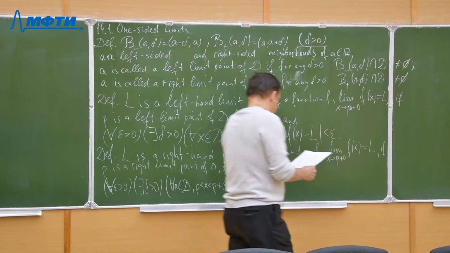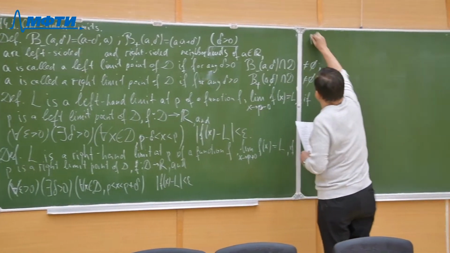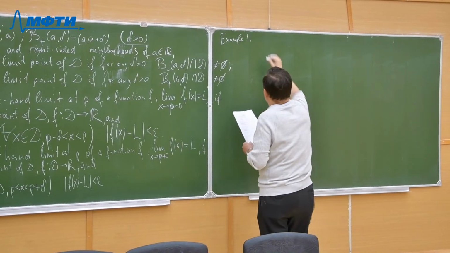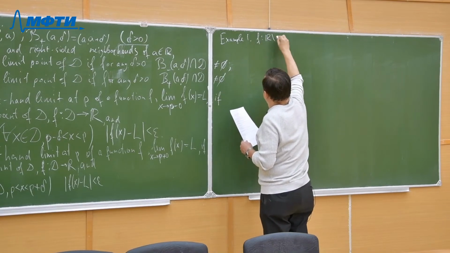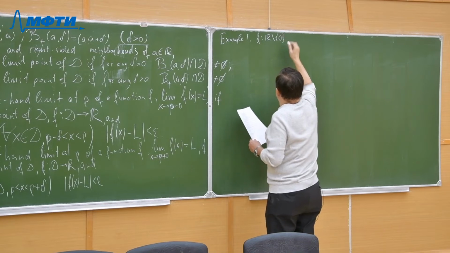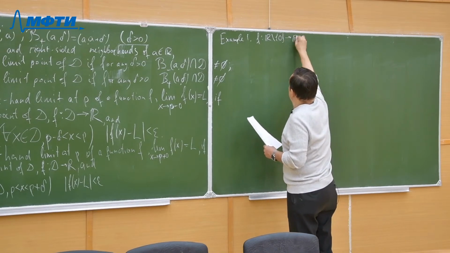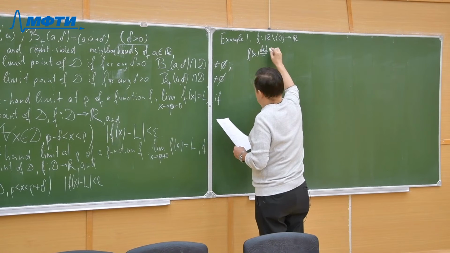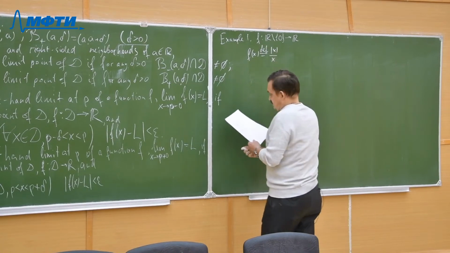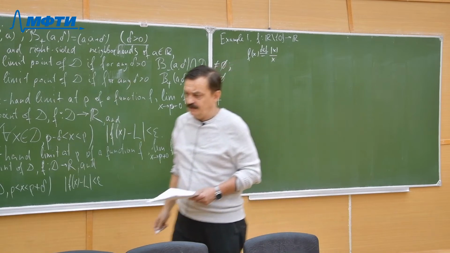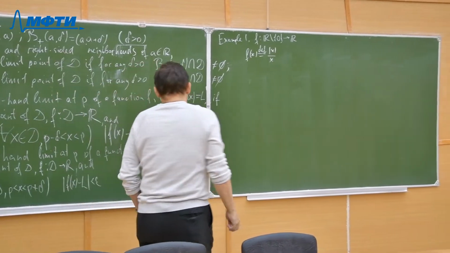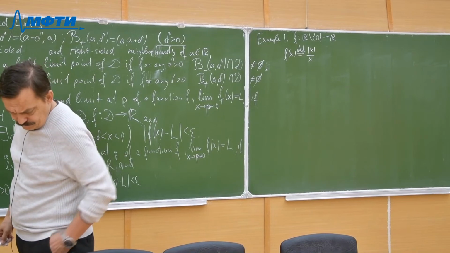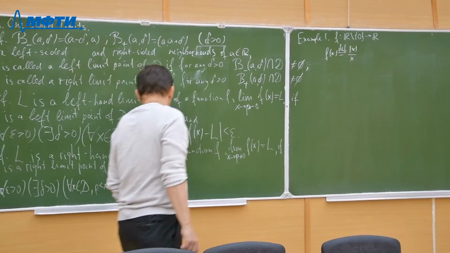Okay, then example 1. f is defined on the set R minus 0, and f of x equals modulo x over x, for p equals 0.